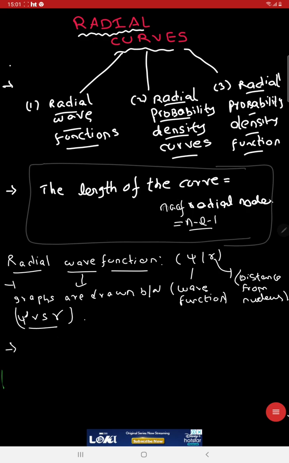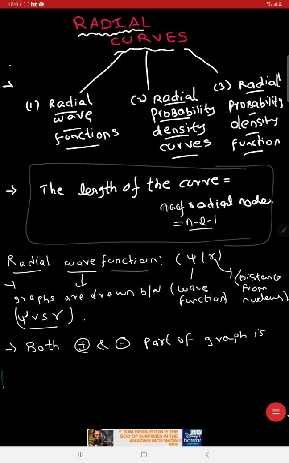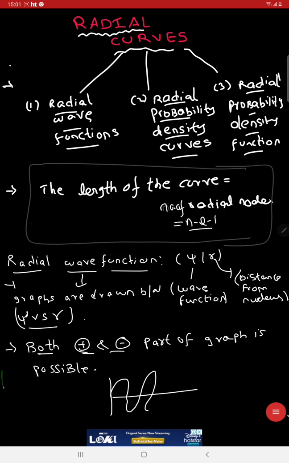The next point is that both the positive and negative part of the graph is possible, because as this is a wave function, the wave not only travels in a positive direction but it also travels in the negative direction.